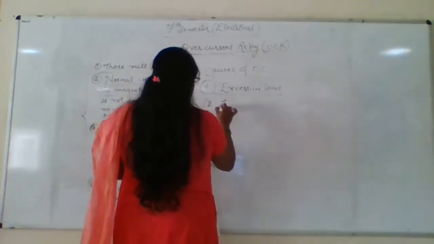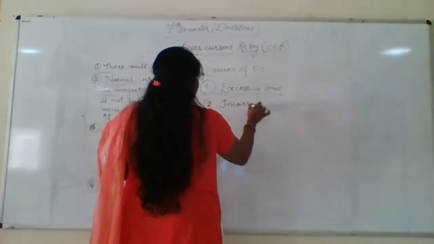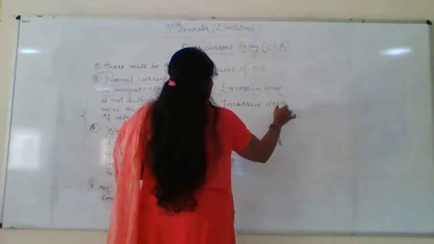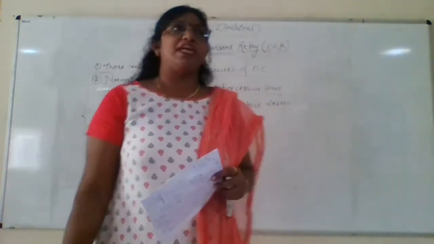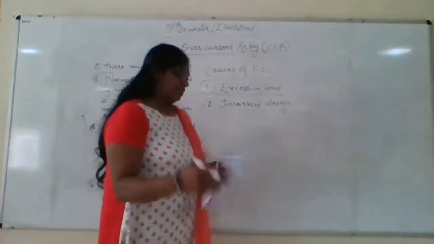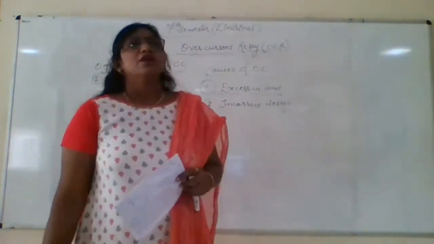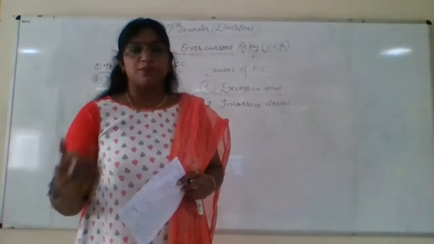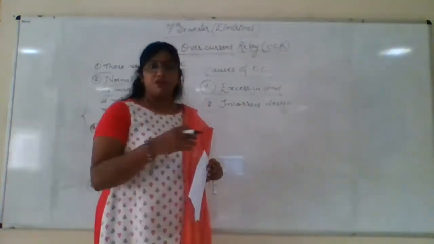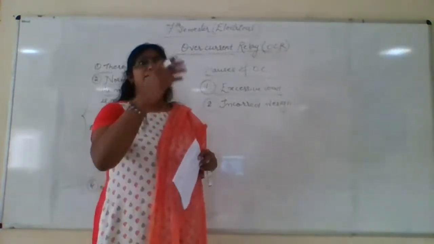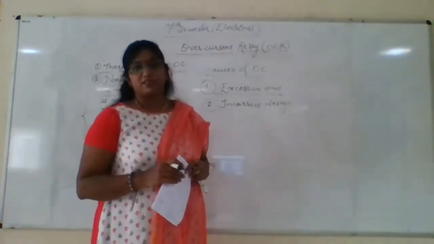Second is the incorrect design. What is incorrect design? Let me give you an example. You all know the place where the college is standing. Five years back, we didn't have this many housing spaces or this mall.